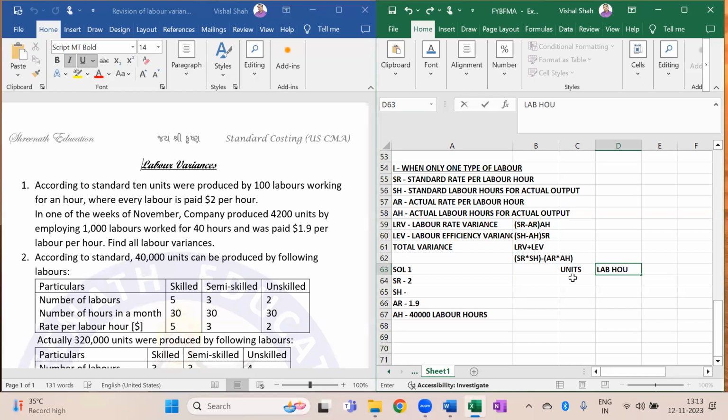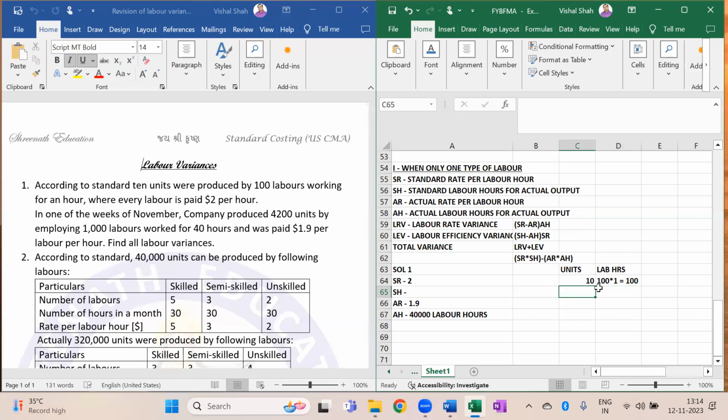Labor into hours is called as labor hours. They might have given you some sort of standard. You have to find out. 10 units were produced by 100 labors for an hour. That means 100 into 1 is 100. That is, when 100 labor hours are there, we can produce 10 units.